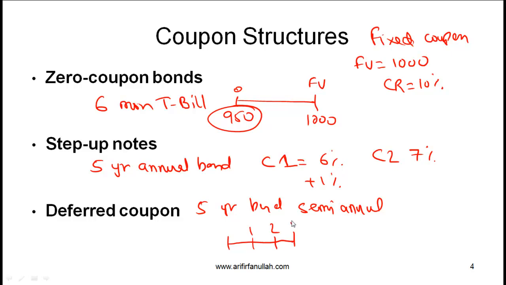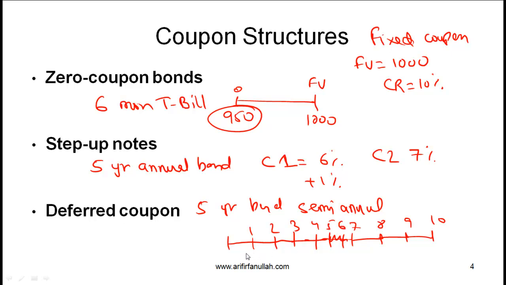So 1, 2, 3, and then 7, 8, 9, 10. So what might happen here is, if we have a situation where for the first 2 years no coupons are made, then this would be called deferred coupon. So I'll just put in a 5 and a 6 over here.